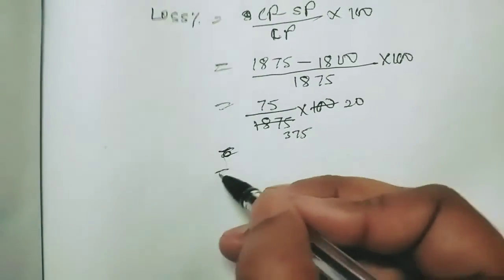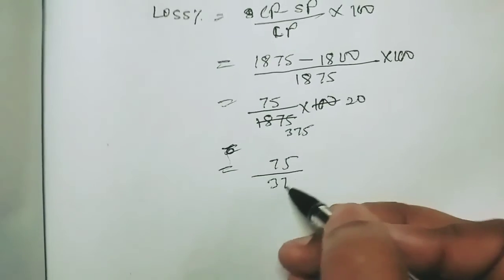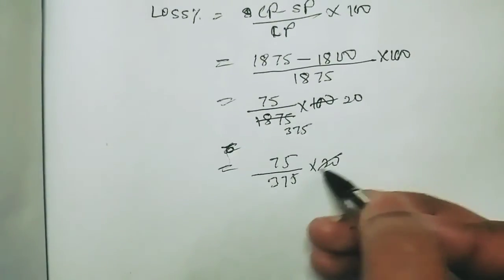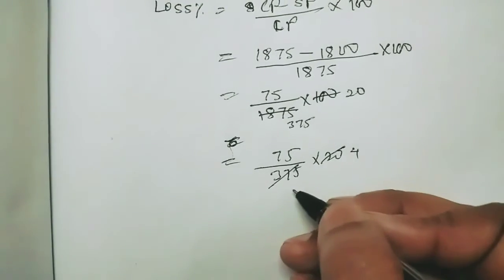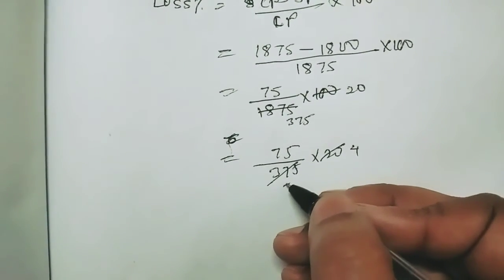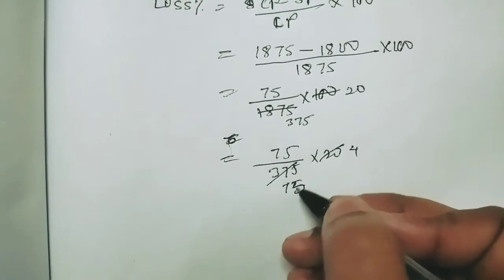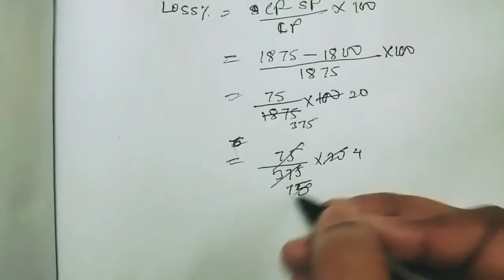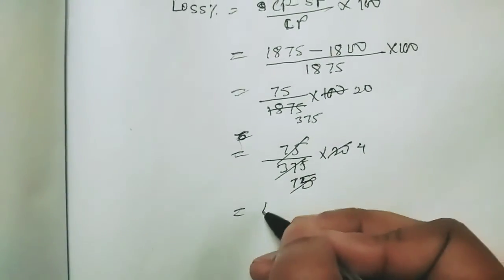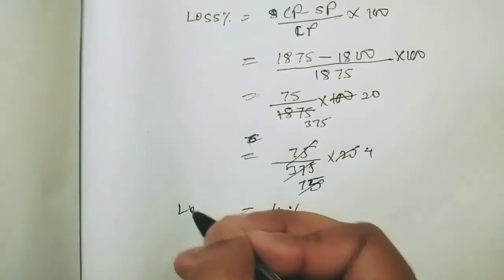Now you can see here 75 by 375 into 20. When you cut again by 5, 5 4s are 20. Cut it by 5, 5 7s are 35, 5 2s are 25. Okay. Then 75 and 75 will cancel out. So what is remaining? 4. So the answer is what? 4%. So loss percent is 4%.